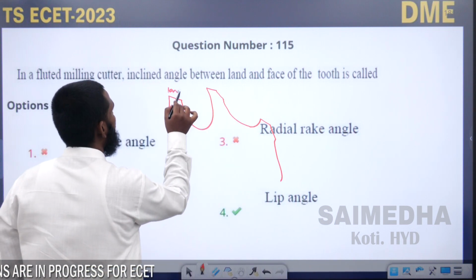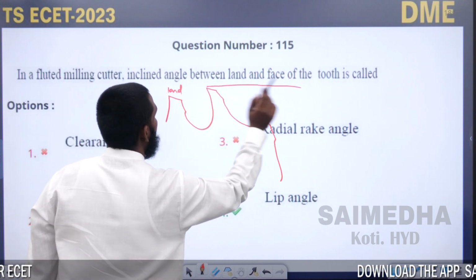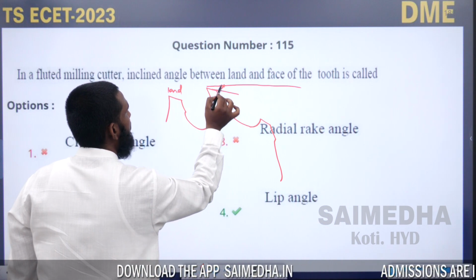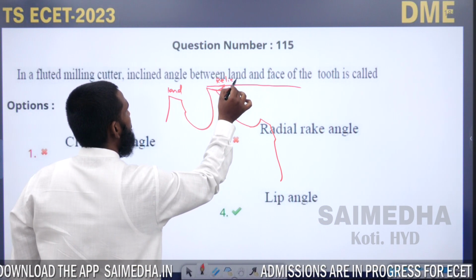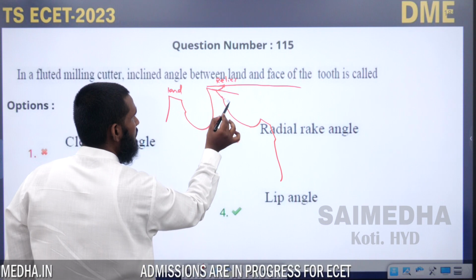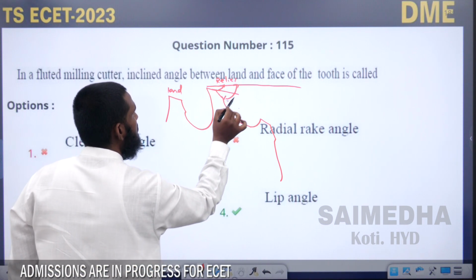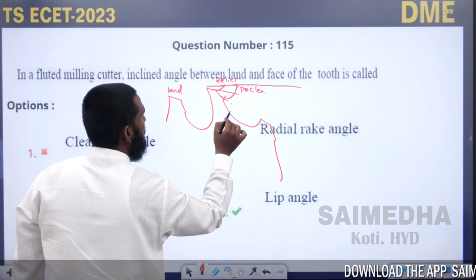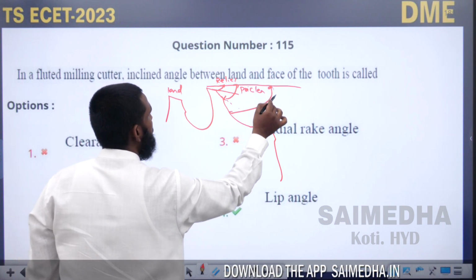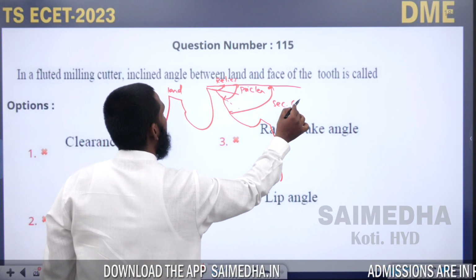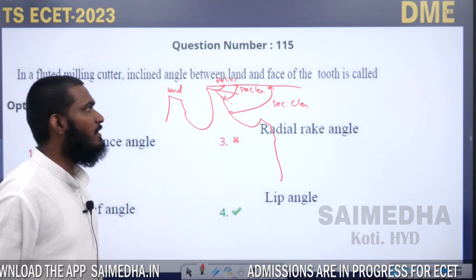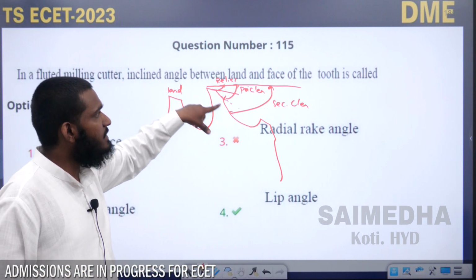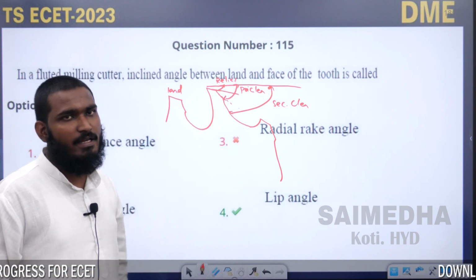This part we are calling a land. This is a tangent we have taken, and the starting line we are taking as the relief angle. This next line we are taking as the primary clearance. Next, this line over here we are taking as the secondary clearance. Three lines we are having over here. First line is the relief angle, second line is the primary clearance angle, and third line is the secondary clearance angle.